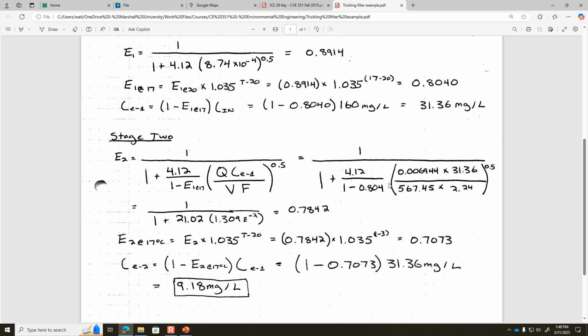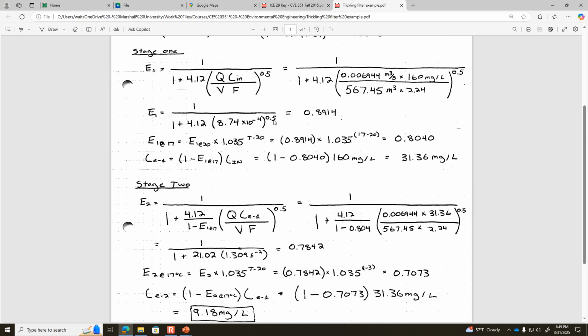So stage 2 would have a removal efficiency of 78% if it was operating at 20 degrees Celsius. But we need to, once again, correct for the colder temperatures. And so when we do that with this same formula of 1.035 to the power of the temperature, then you can see that that knocks the efficiency down to 70%. And so the final effluent concentration out of the secondary trickling filter is 9.18.